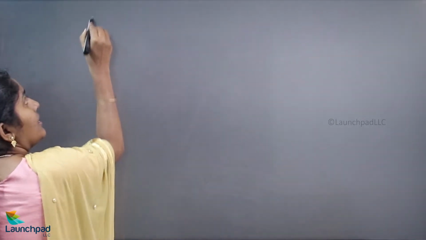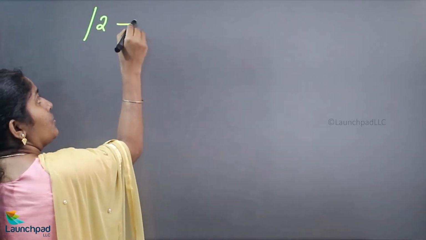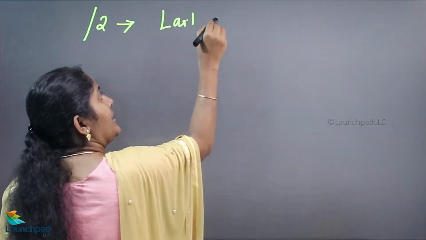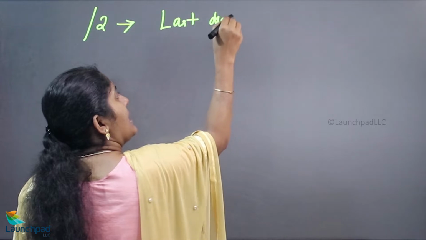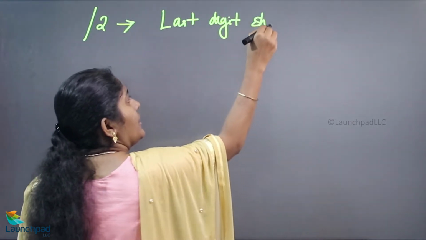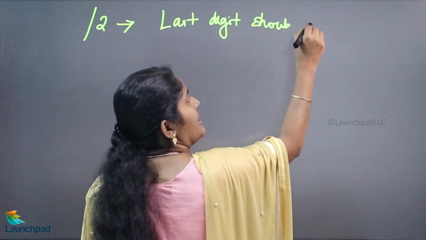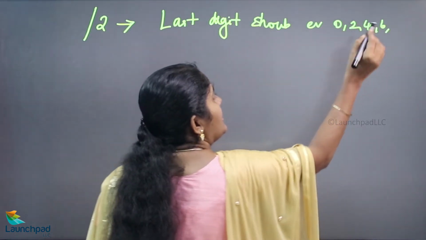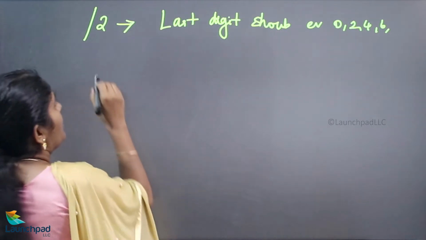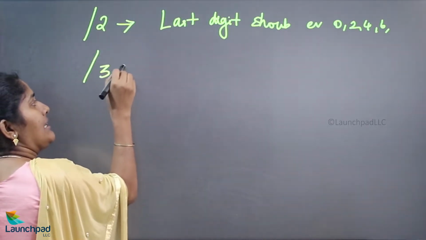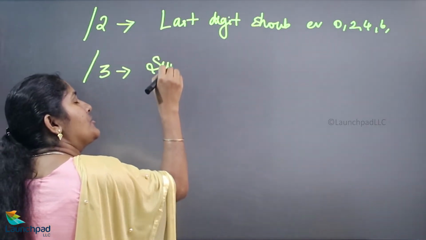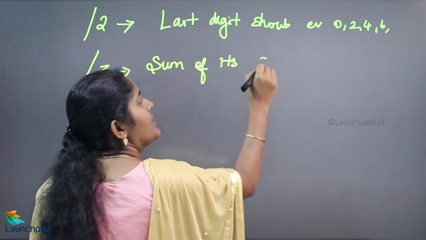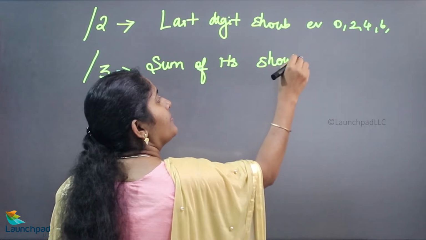So the test of divisibility rule for 2 is that the last digit should be an even number, hence 0, 2, 4, 6, 8 and so on. The divisibility rule for 3 is that the sum of its digits should be divisible by 3.